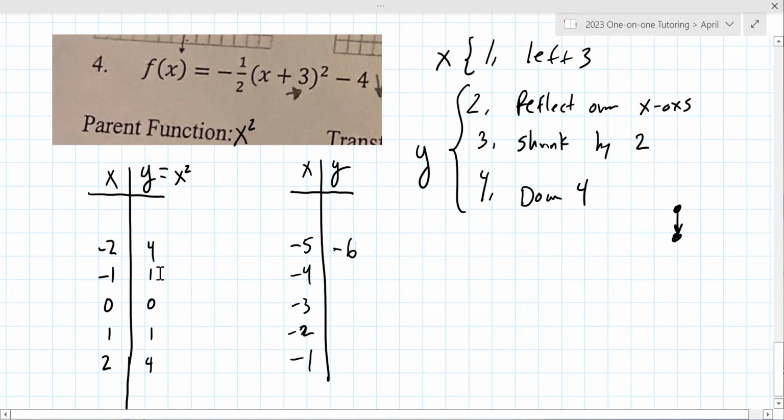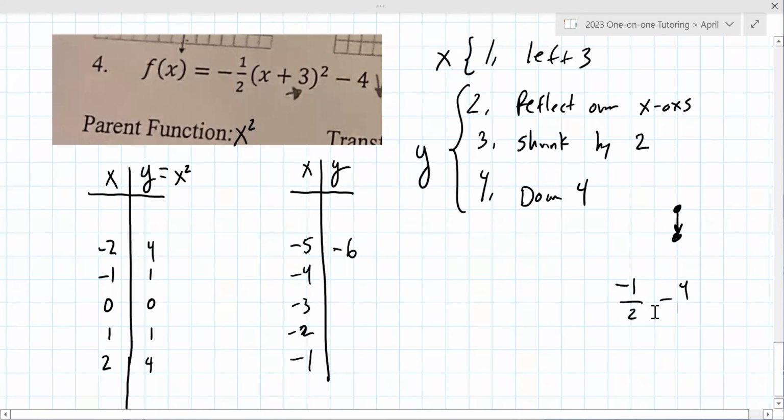Now, what is the problem with 1 when you do this? It's going to be a fraction. It's going to be -1 divided by 2, -4.